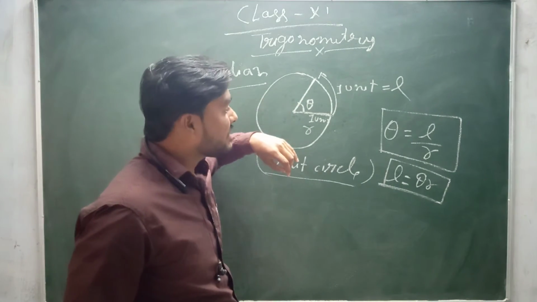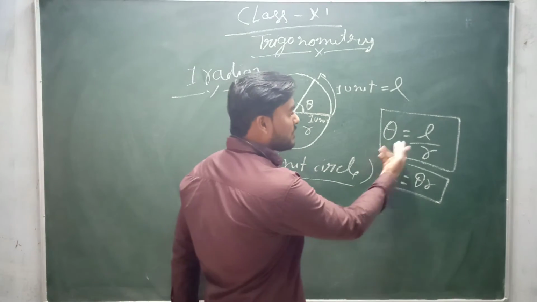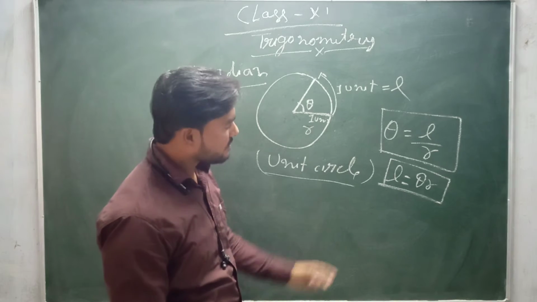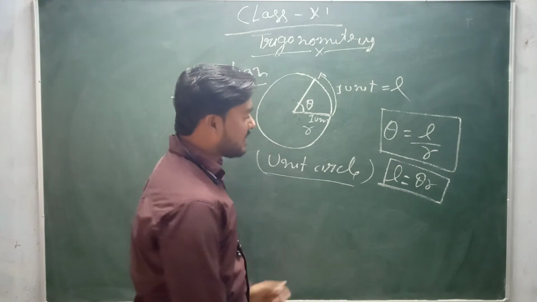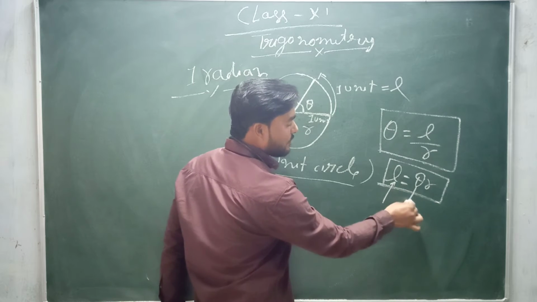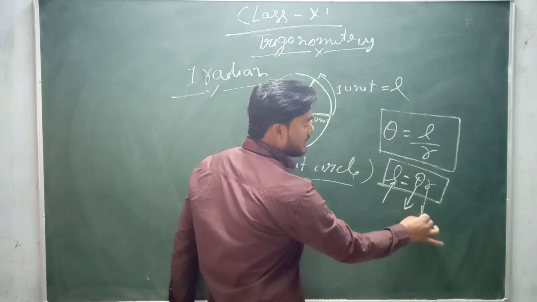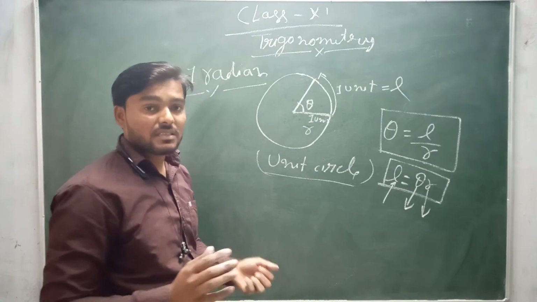Then how do we calculate it? This is a direct formula: theta equal to L by R, L equal to theta R. L is the arc length, theta is the forming angle, and R is the radius of the circle.